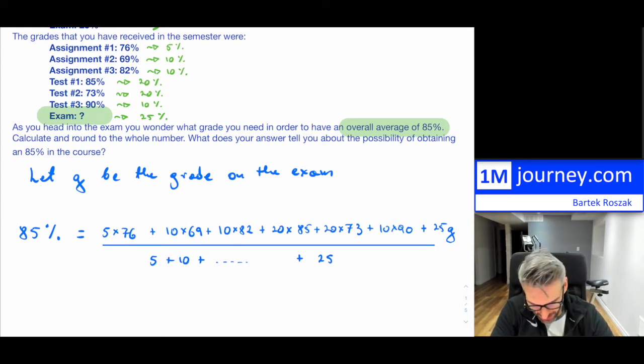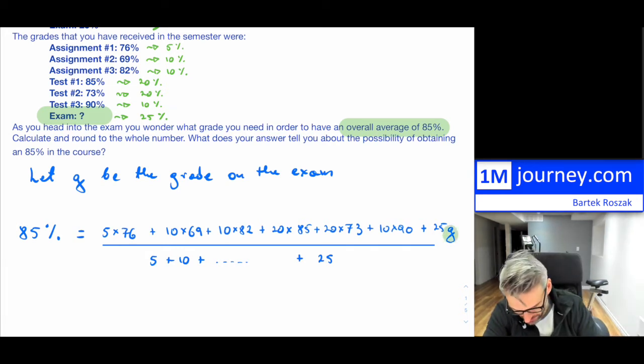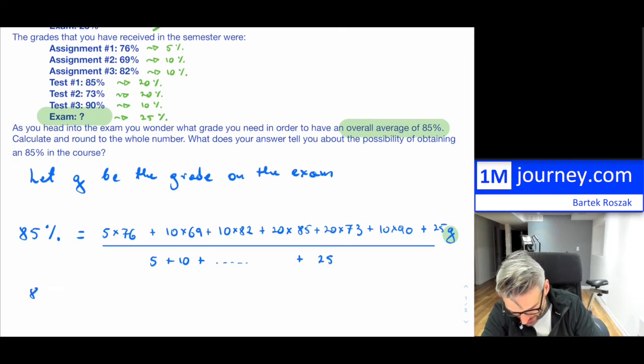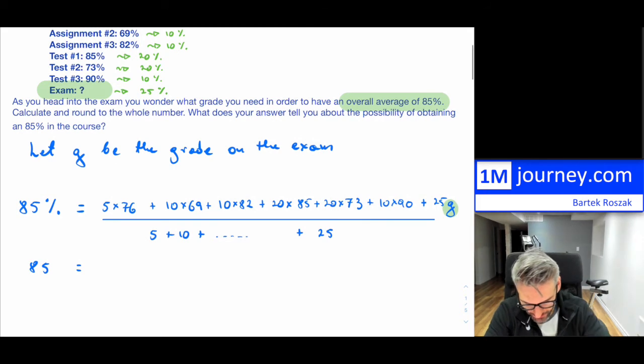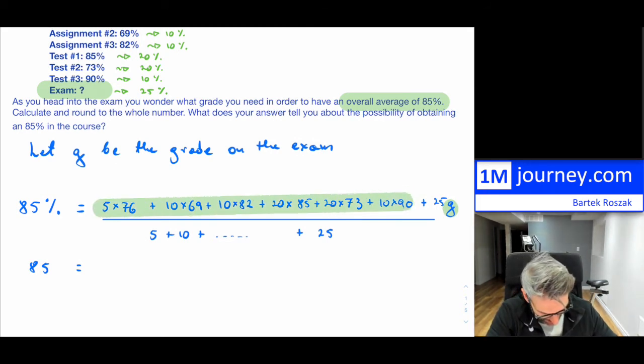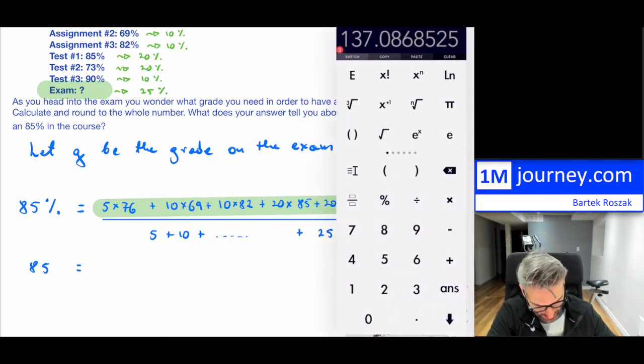Now, I want to be able to solve for this G. All right, so I'm going to simplify this whole thing. I'm going to have 85, I'll drop the percent. Let me take out the calculator here on the side.